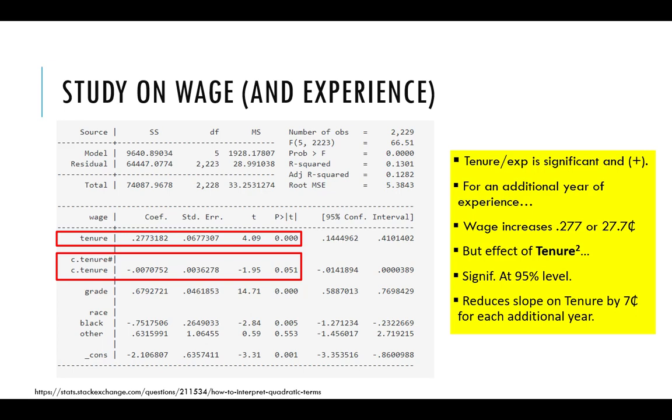So tenure says it's positive. Tenure means that experience is making wages go up. That's the first part. But the quadratic term is negative, which says, okay, while tenure makes wages go up, it's a diminishing effect, right? It's a diminishing effect. It's a decreasing effect.